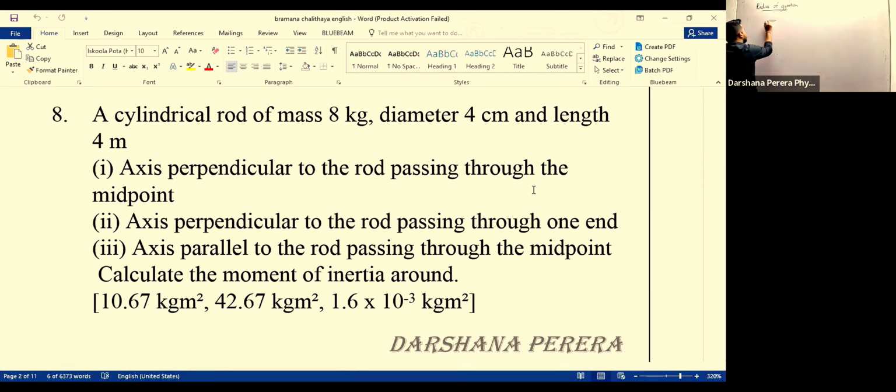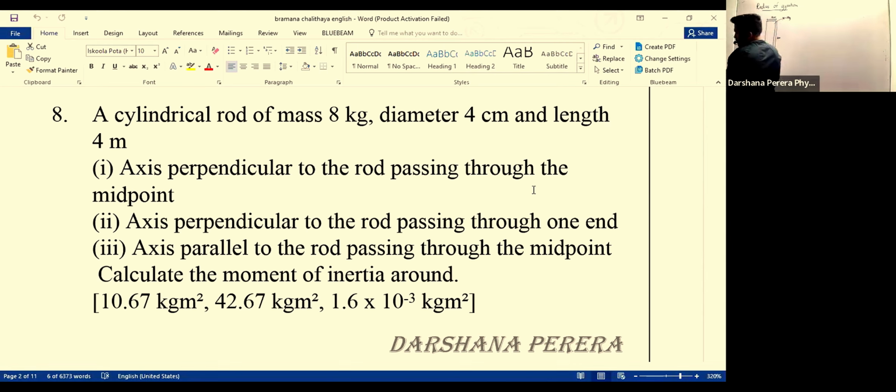Comparing to the length, the diameter is smaller.